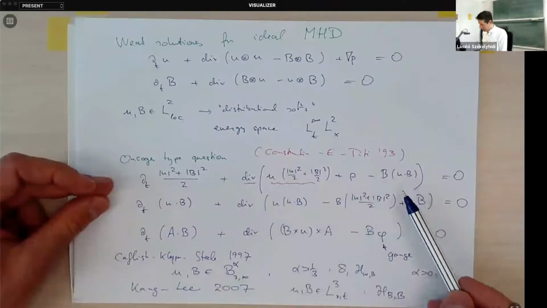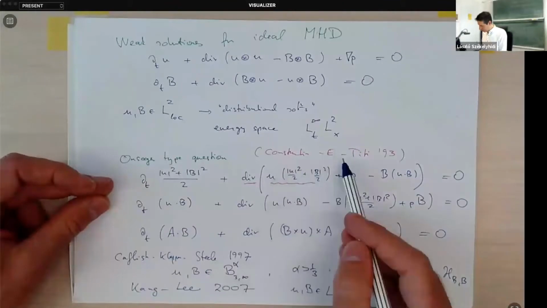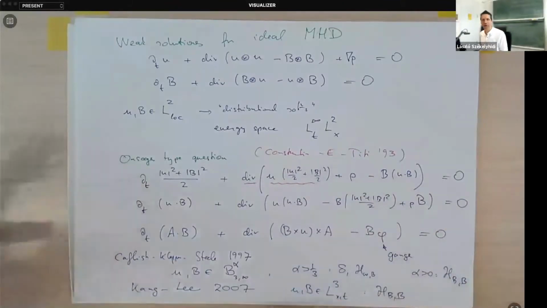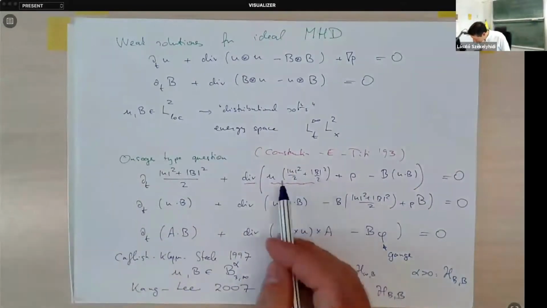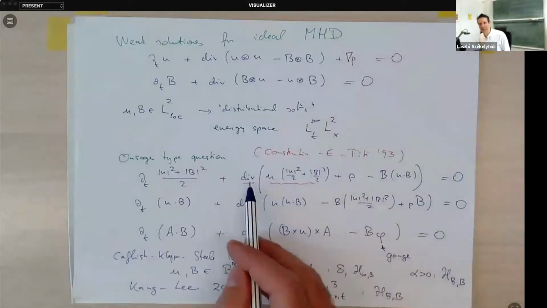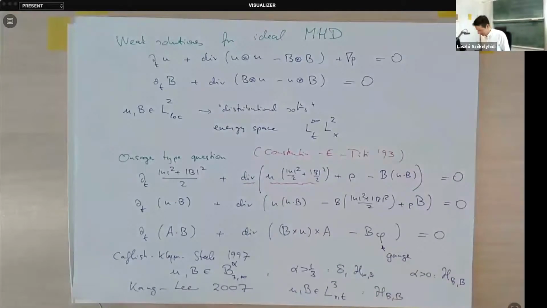And the argument, which is basically the argument of Constantin, E and Titi for the Euler case, boils down to the following rule of thumb. You have to look at the number of terms and the number of derivatives, and then distribute them evenly.